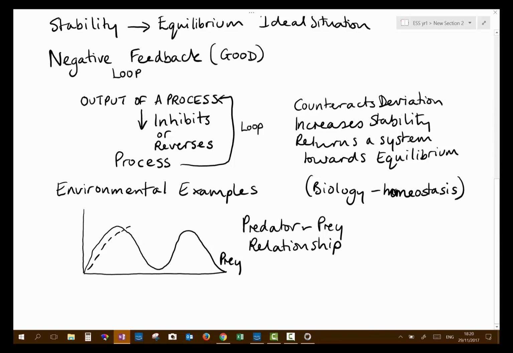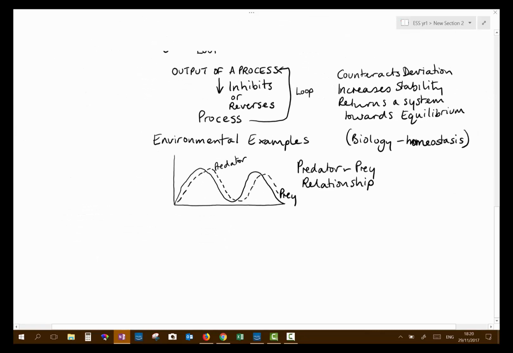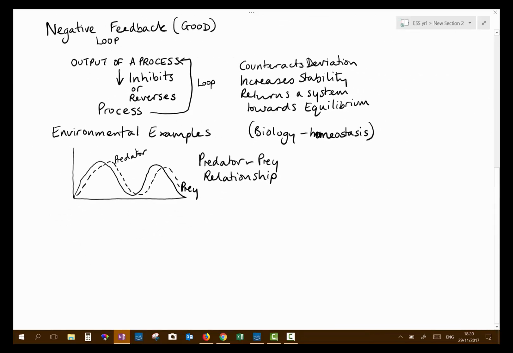But at a certain point, the predators have eaten so much of the prey that it inhibits the size of the population of the predator, and that decreases. And so the prey numbers increase, but then the predator numbers can increase. And it goes very much in a cyclical fashion. So this is the predator number.